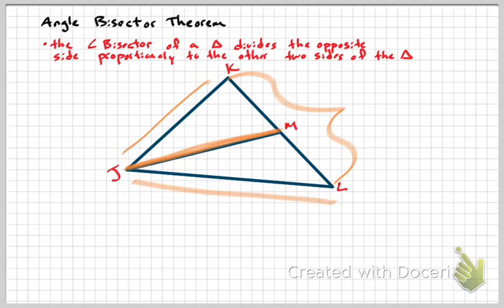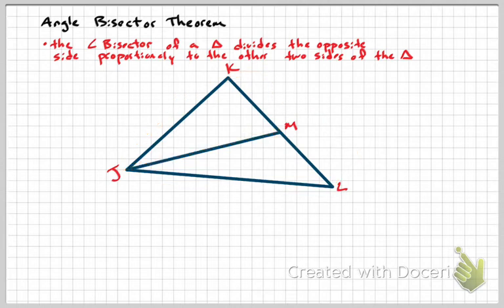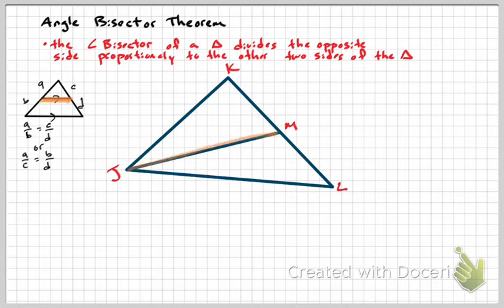If you remember back when we were doing the parallel lines, when I had something like this, and then we had a parallel line, and you had A, B, C, and D, you could do A over B equals C over D, or you could do A over C equals B over D. We're going to have something very similar here, but now this parallel line is getting replaced with this angle bisector.